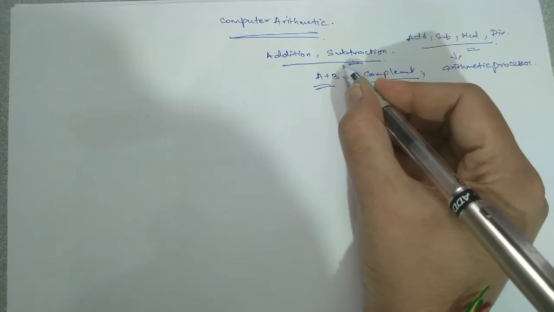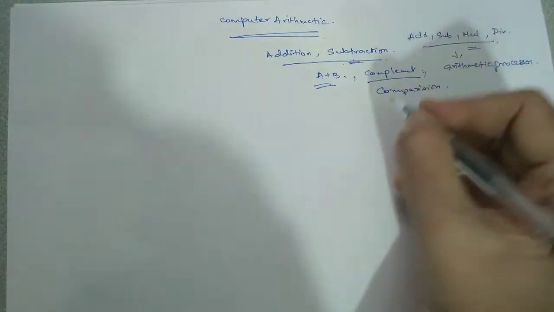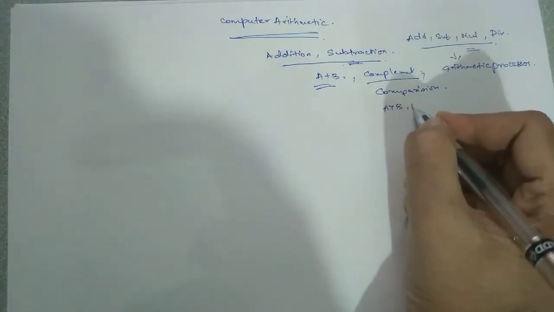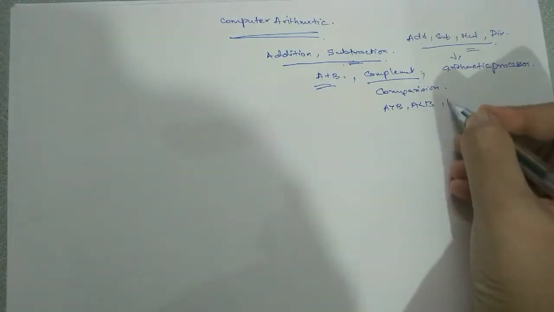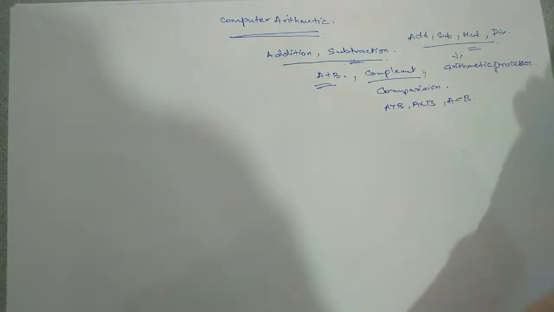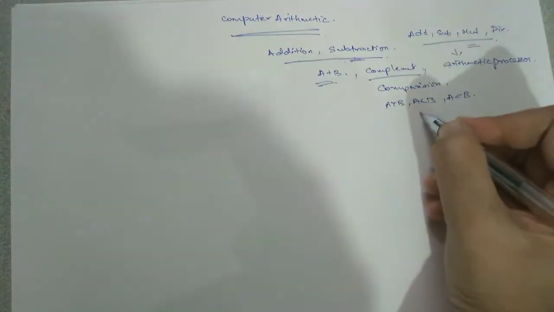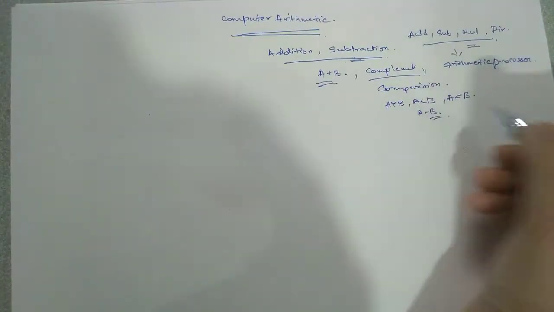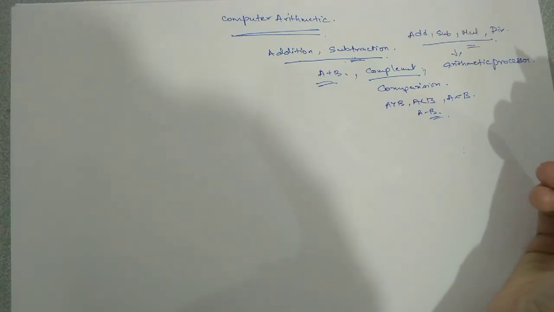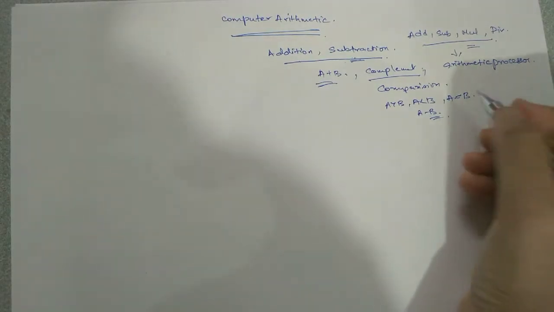That means there is a possibility of A is greater than B, A is less than B or A is equal to B. And whenever we want to calculate A minus B, we have to calculate the B's 2's complement, that is the complement plus 1.